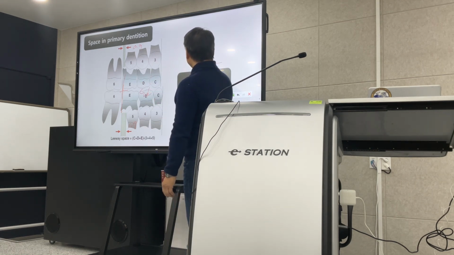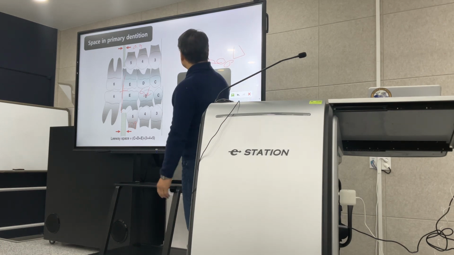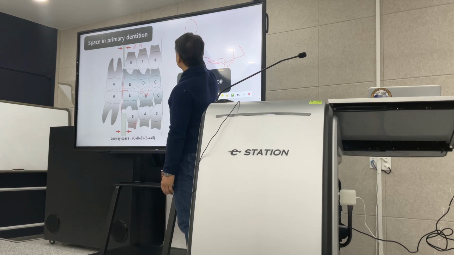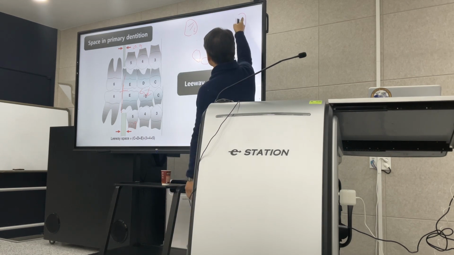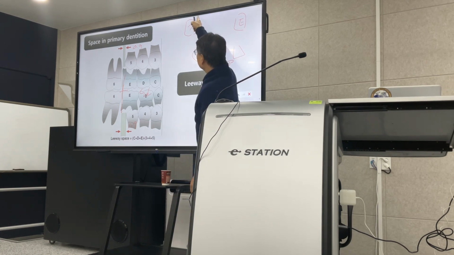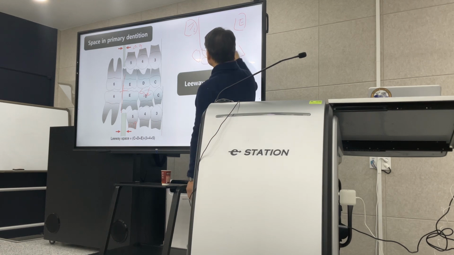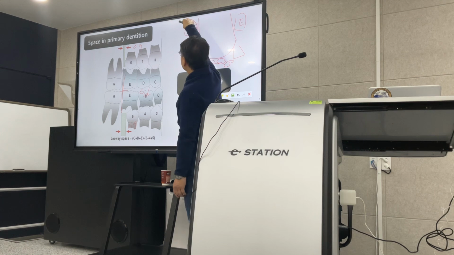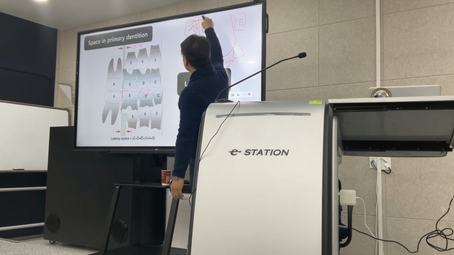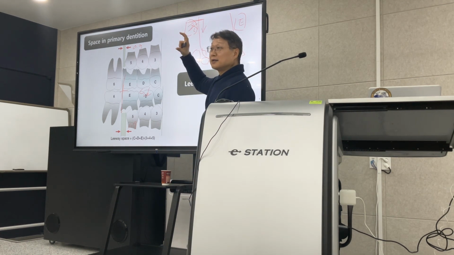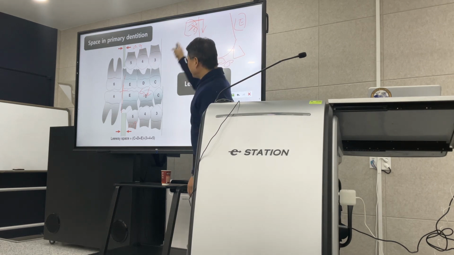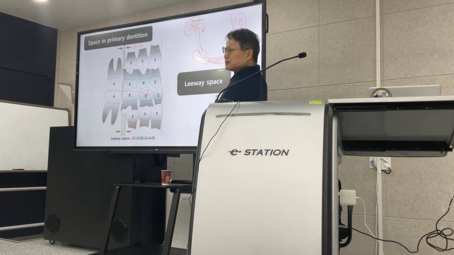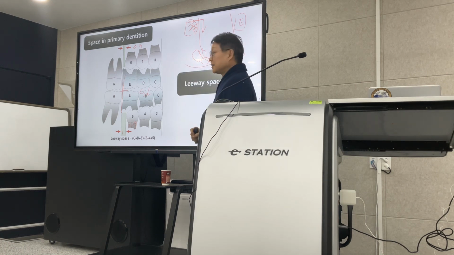If someone has some problem of the anterior teeth like that, when the molar is still surviving, E, if we use the lingual arch here, that is traction. So we control and stop the mesial movement of the molar. What happened then? The leeway space can be used to arrange the anterior teeth.